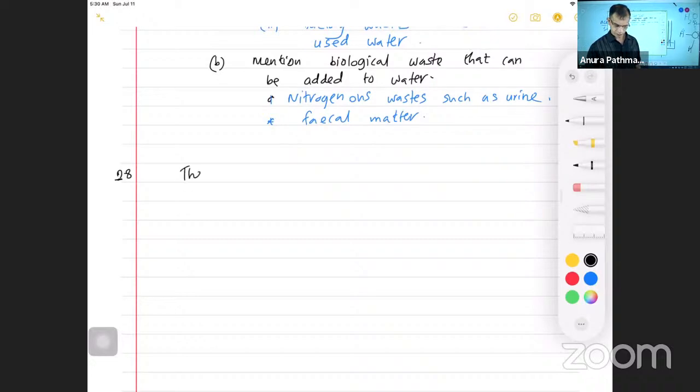The life on Earth was formed million years ago.